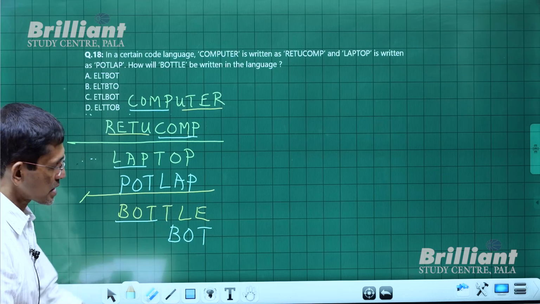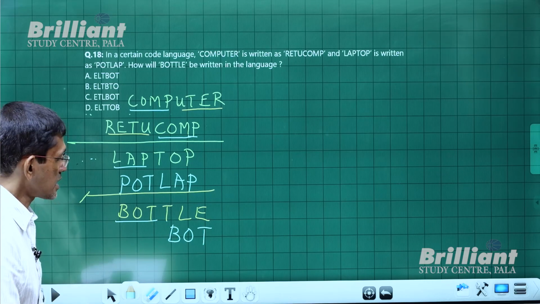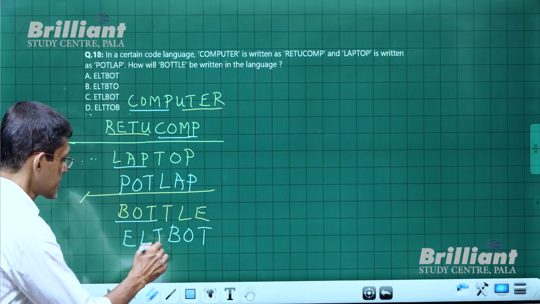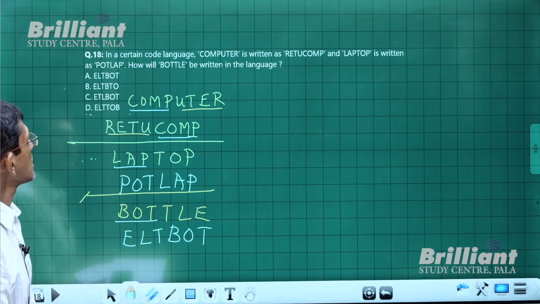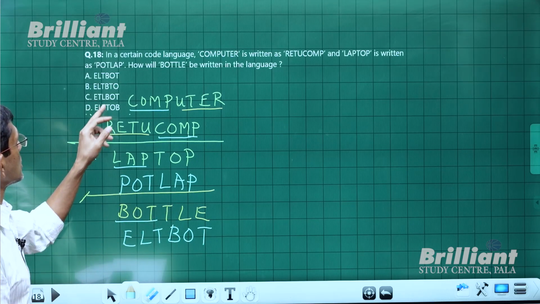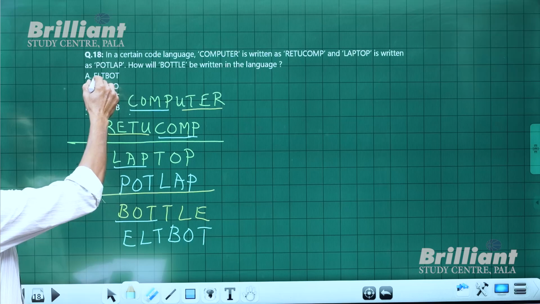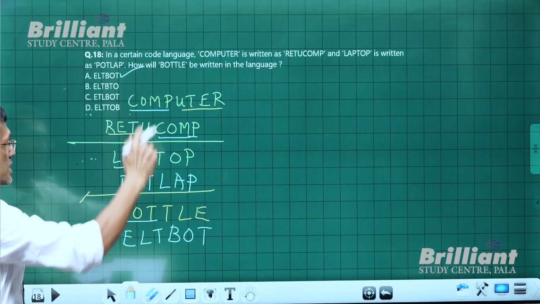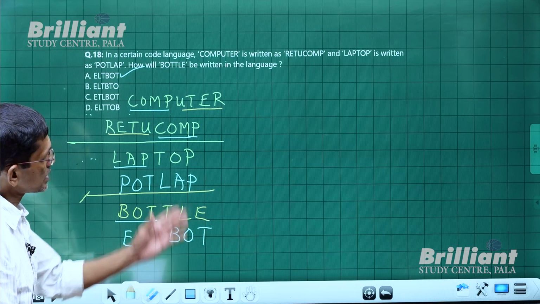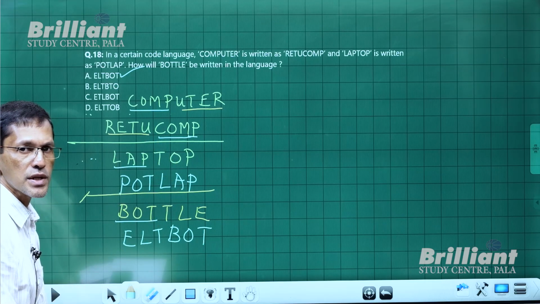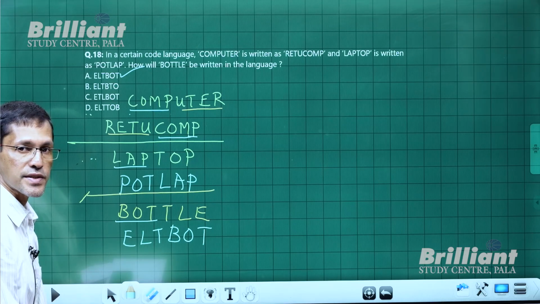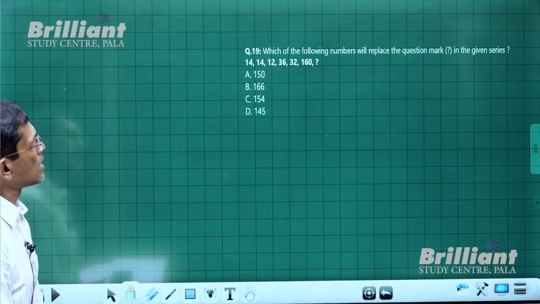And the last 3 letters, TLE, must be reversed, ELT. So ultimately ELT, BOT. The first answer choice, that's the answer. Again, a straightforward coding decoding question. You can get the answer within 20 or 25 seconds. That's good enough.